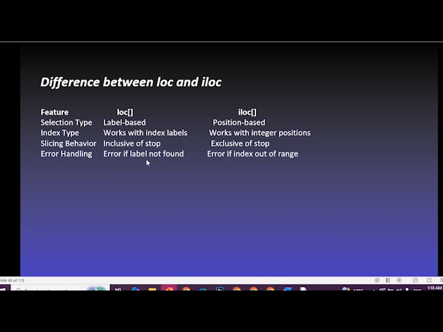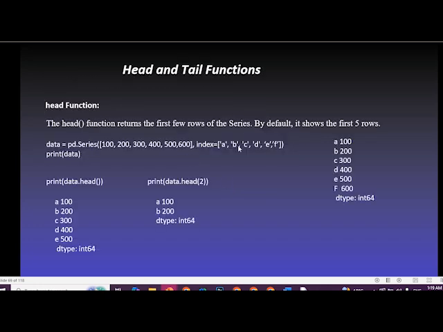If the label is not there, it will throw error. Here in iloc also, if the index is out of range, it will throw error. These are the references. loc is label based and iloc is positional based. Then along with loc, the end value will be included. Along with iloc, the end value will not be included. These are the differences between loc and iloc.